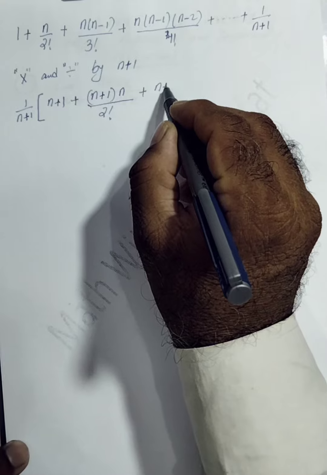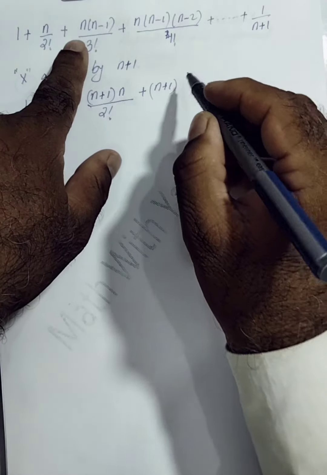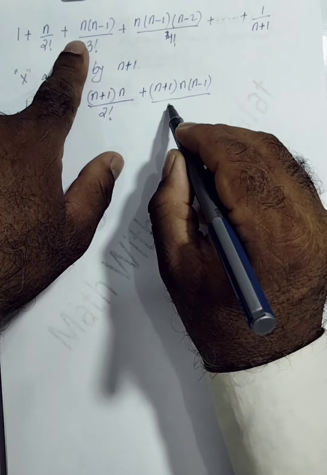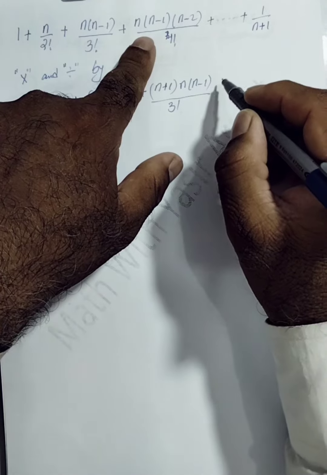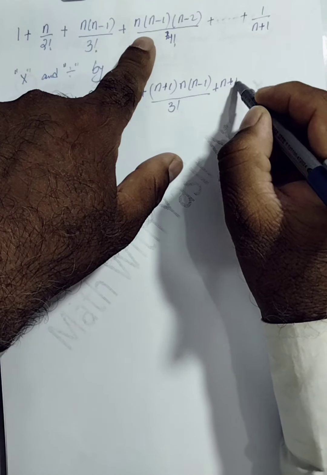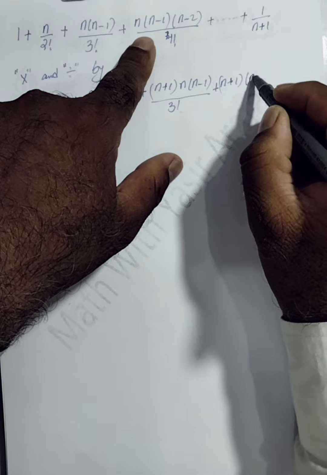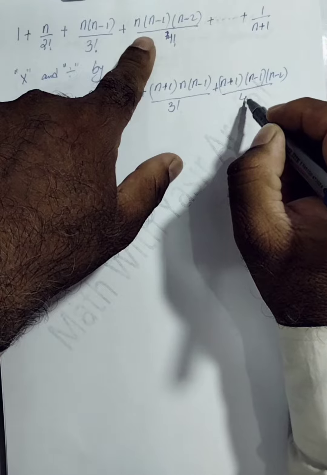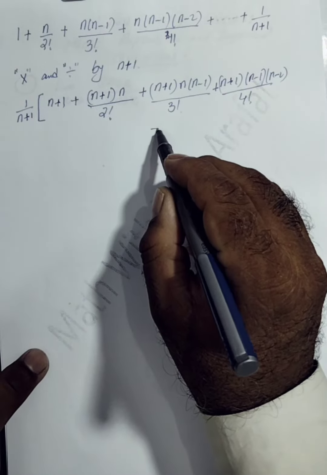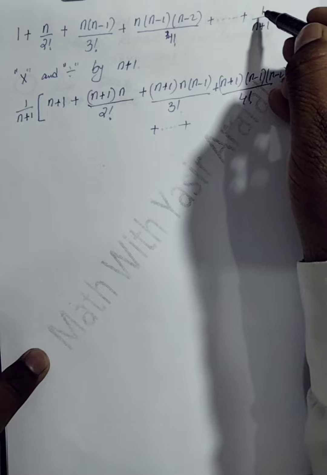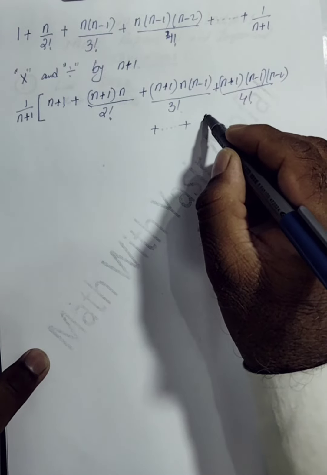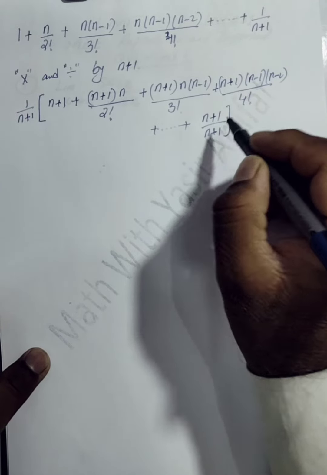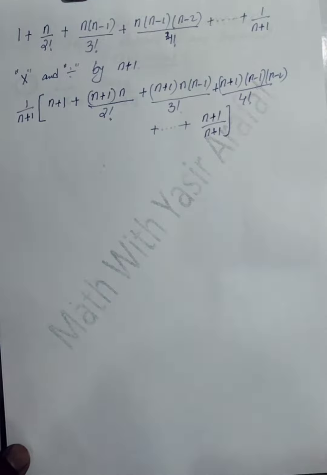This is n plus 1, here n minus 1 divided by 3 factorial. Here we have to multiply n plus 1, that is n minus 1, n minus 2 divided by 4 factorial, and so on, and this is n plus 1 multiplied by 1. So this is n plus 1 over n plus 1. Multiply and divide by n plus 1.